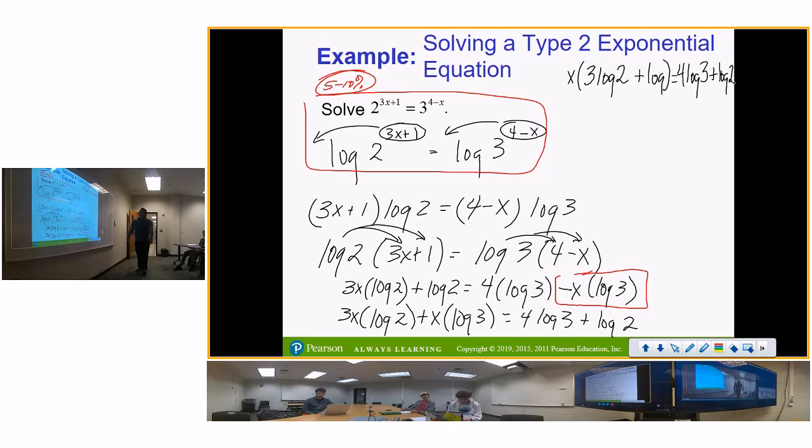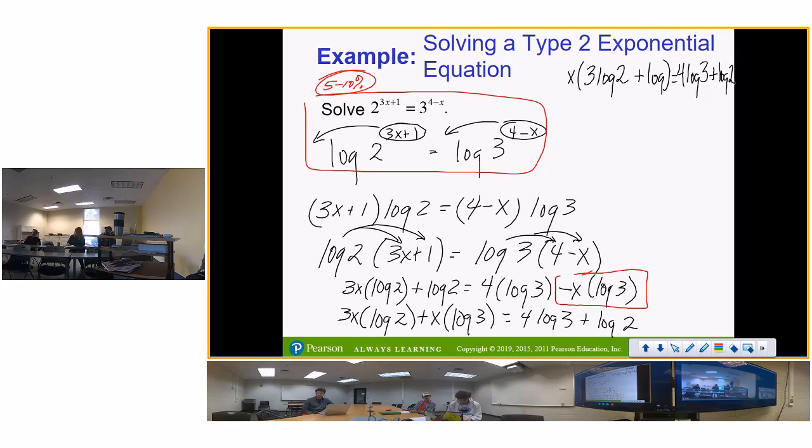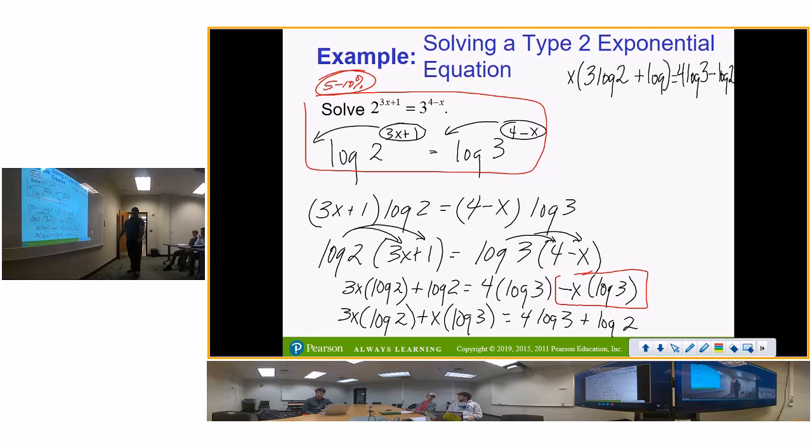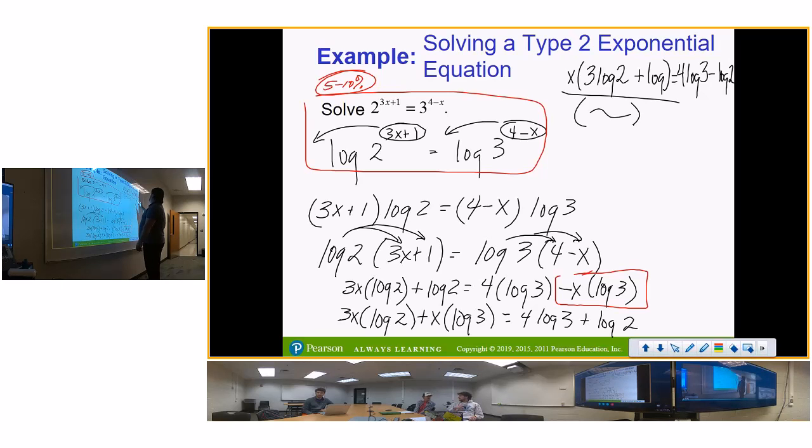Should that be a minus on the log of 2 since you brought it over? Yeah. Thank you. All right, now what? Divide by that block of stuff. I'm just going to put parentheses and a squiggle.